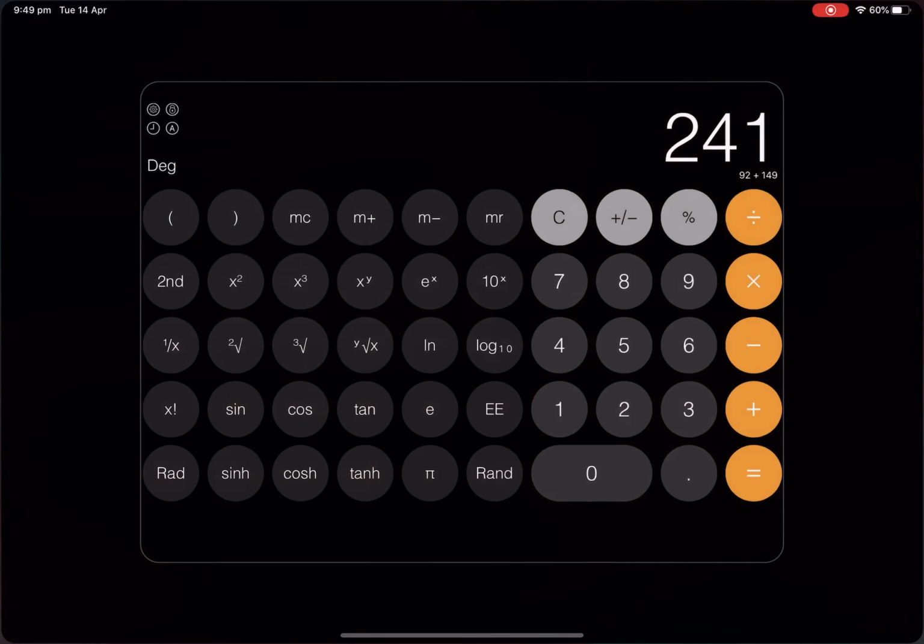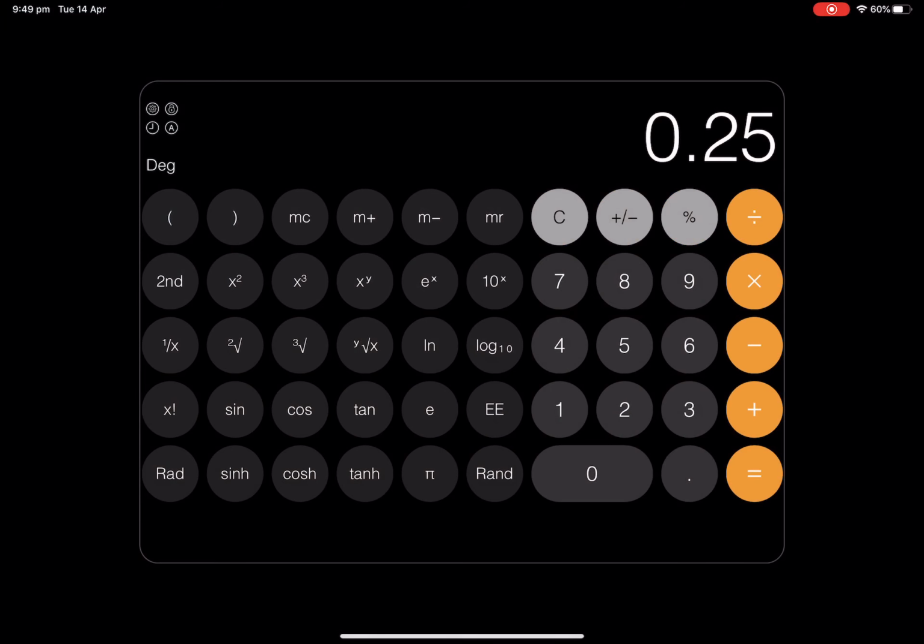All right, let's pull up a calculator. 0.25 to the power of 4 gives me a pretty small number. Then I'm going to times that by 4 and get an answer.